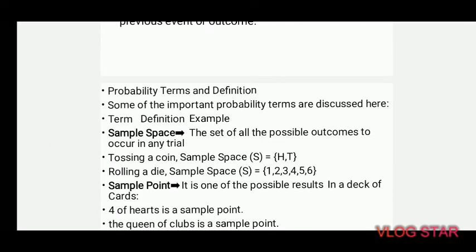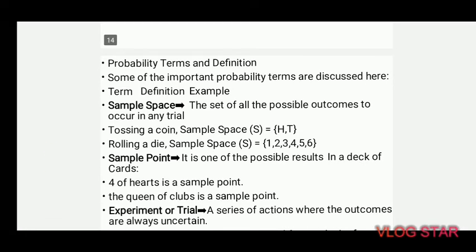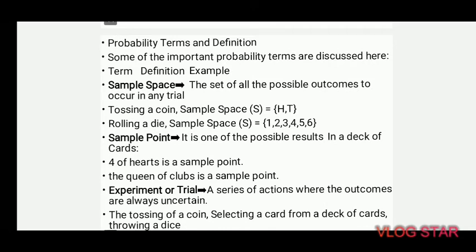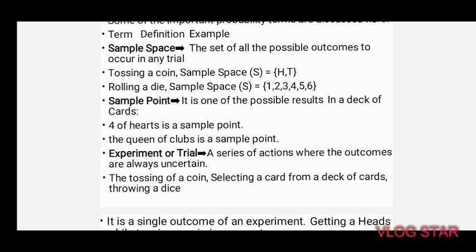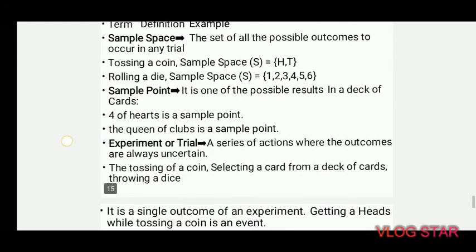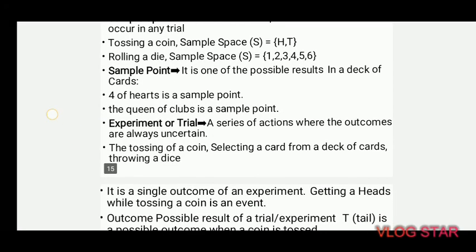Then probability terms and definitions. Some of the important probability terms are discussed here. The term sample space: the definition is that the sample space is the set of all possible outcomes in any trial.